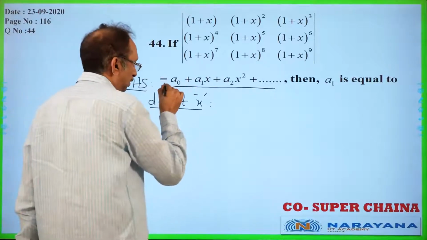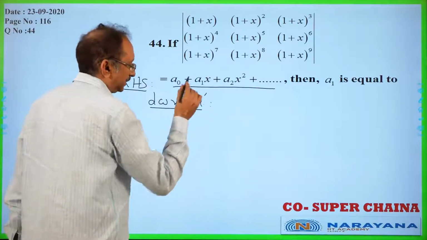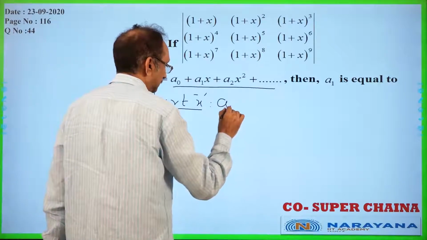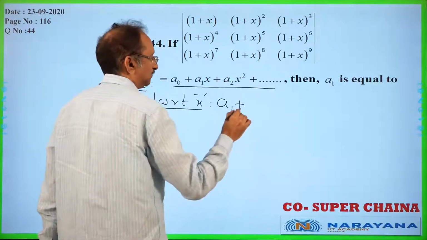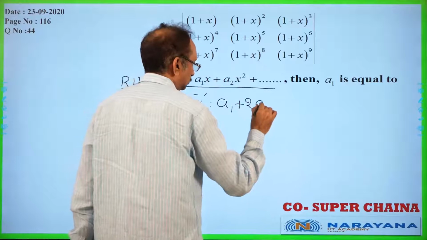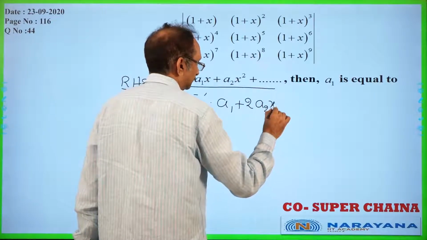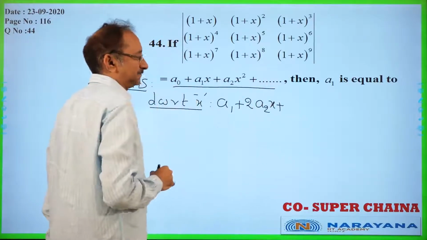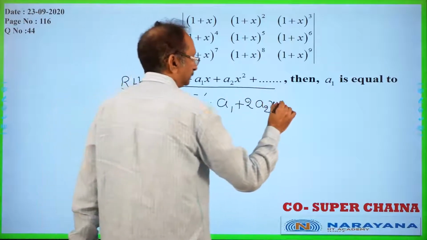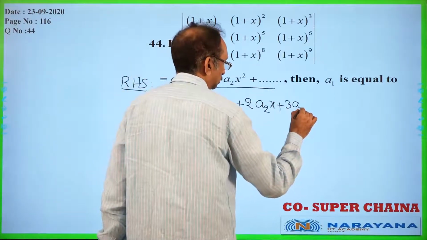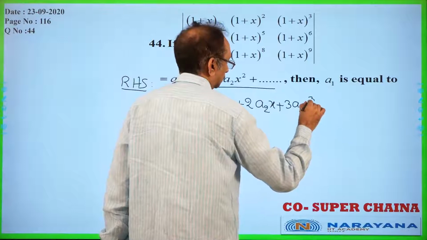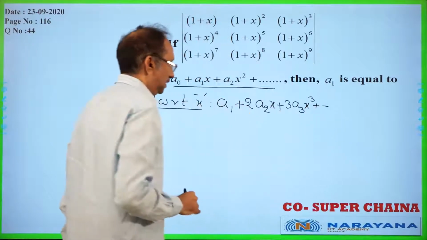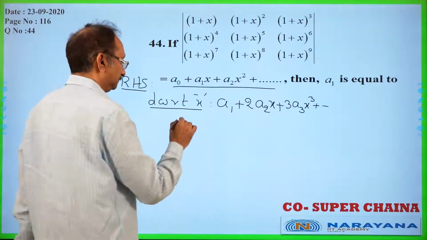Then derivative of constant is 0 and derivative of a1x is a1, derivative of a2x square is 2a2x, plus the next term a3x cube, that is 3a3x square, plus so on. And now substitute x is equal to 0.